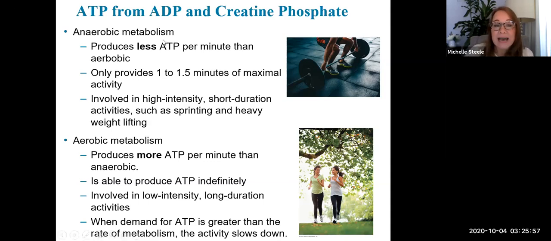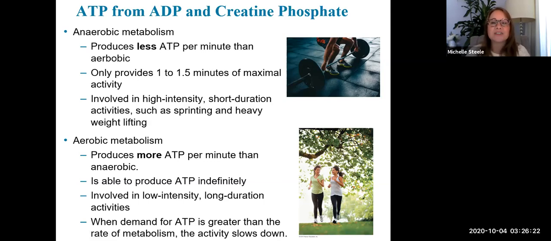Basically, anaerobic metabolism produces less ATP per minute than aerobic metabolism. So we produce less energy every minute. It's only providing 1 to 1.5 minutes of maximal activity. And this is what's involved in high intensity, short duration activities such as sprinting and heavy weightlifting.